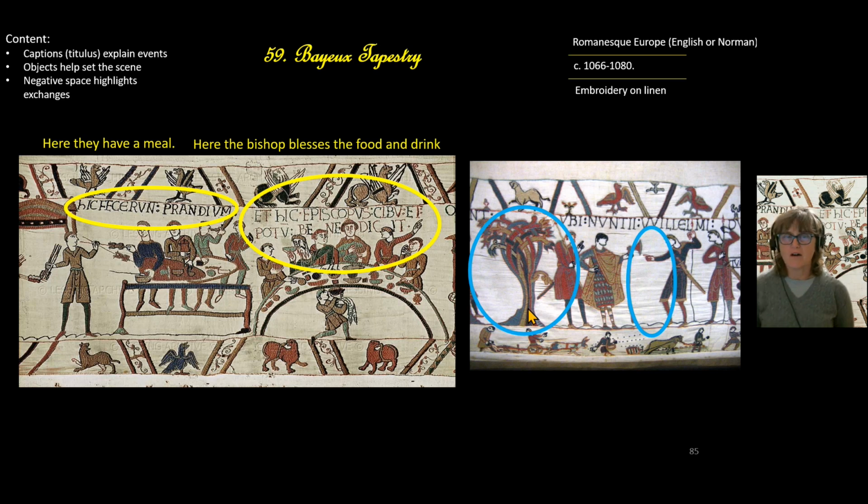Another way the artist helps convey their meaning is by using negative space. The more space between two people you have, the more the position or gestures exchanges show up. And in this case, this is a messenger for William the Conqueror that is delivering a message, pointing and saying something.